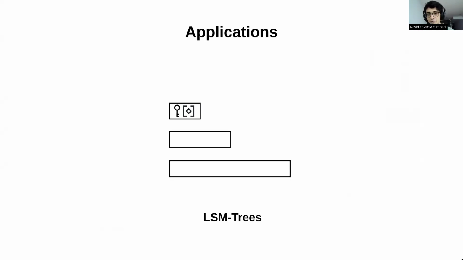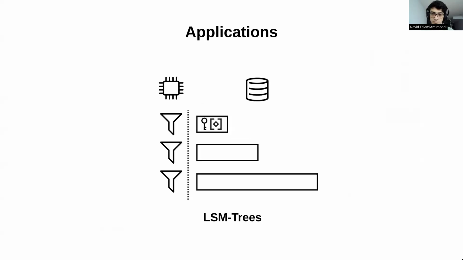Now, because this is a key value store, we oftentimes have to process range queries on it. One way to optimize range queries is instead of looking at every single one of the files, we can employ a small range filter for each one of the files in memory and query the range filter to see if that file contains any data that's relevant to the range query. And if it doesn't, we can skip accessing the file and save on IOs.